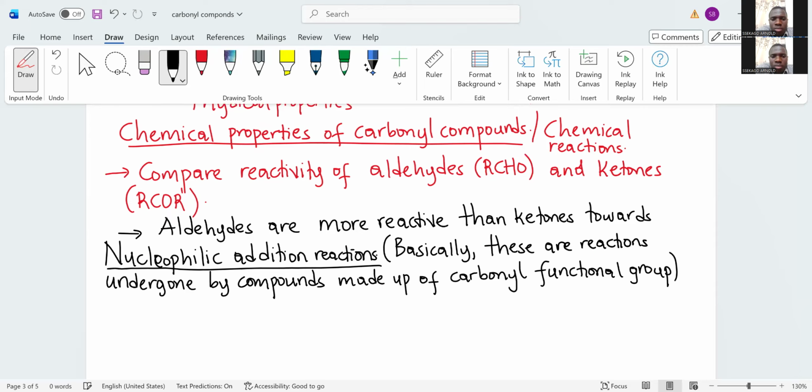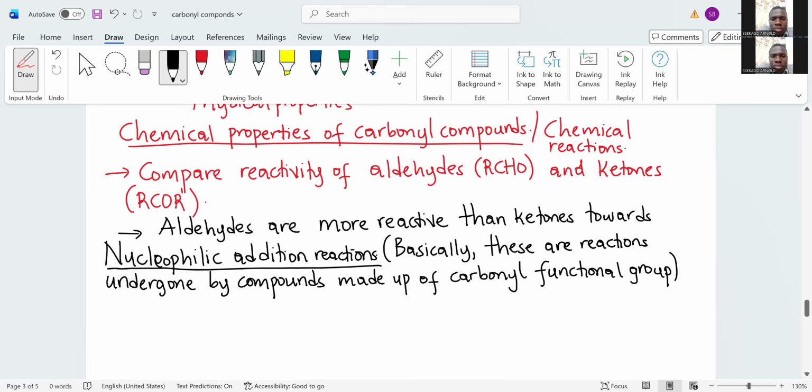So previously, under hydrocarbons, you explored reactions of alkenes and alkynes, and you were able to classify them as electrophilic addition reactions. Those are, in a basic way, reactions which are undergone by alkenes and alkynes. However, there is a technical definition.